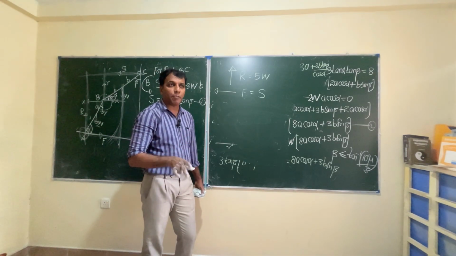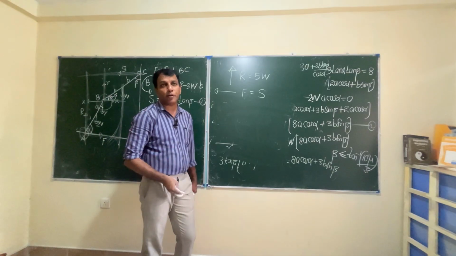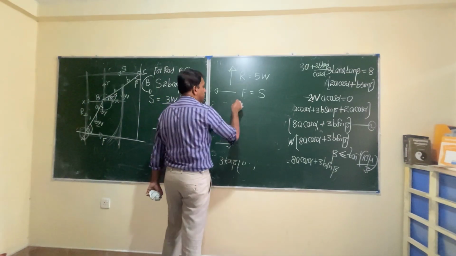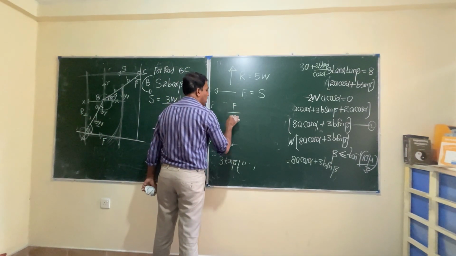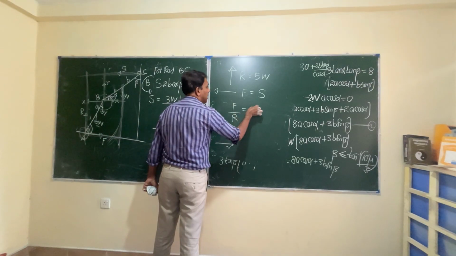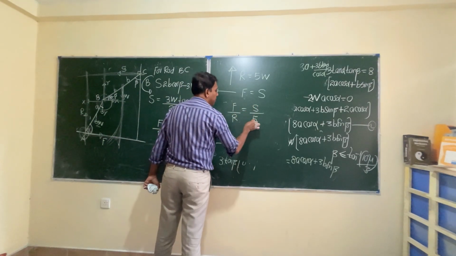If equilibrium breaks, it is greater than mu. So F over R equals S over 5W.